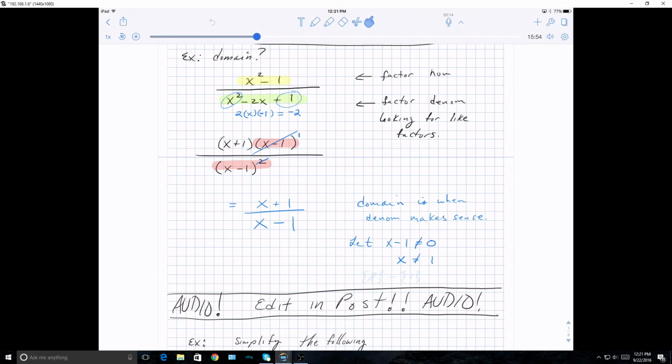So what we can say here is that this domain is the set of all real numbers excluding 1. Let's just say it's the set of all real numbers minus the subset of 1.